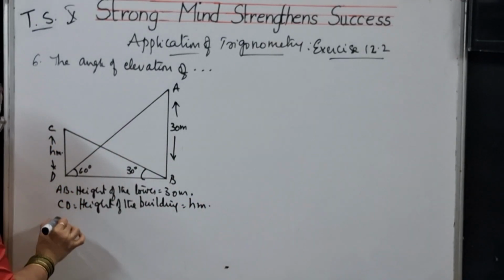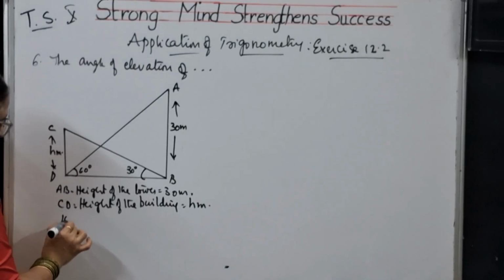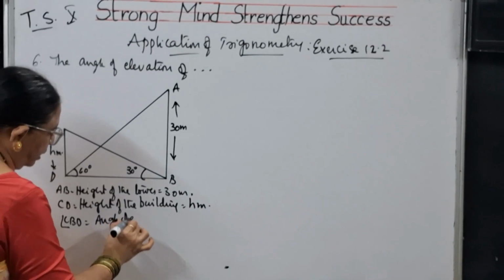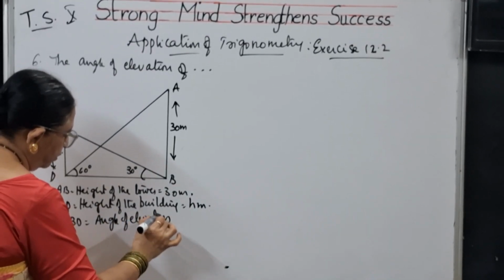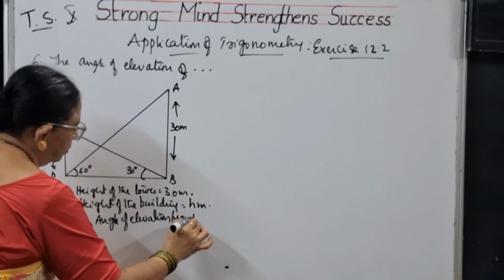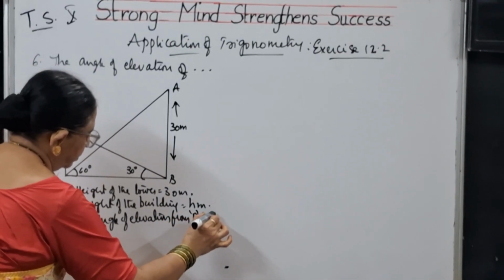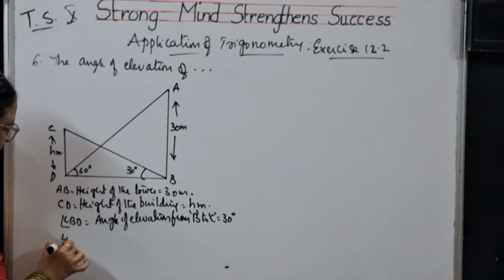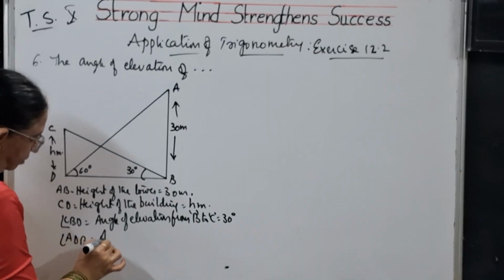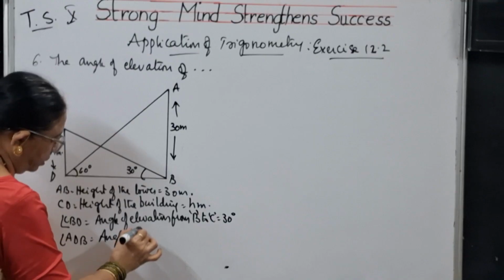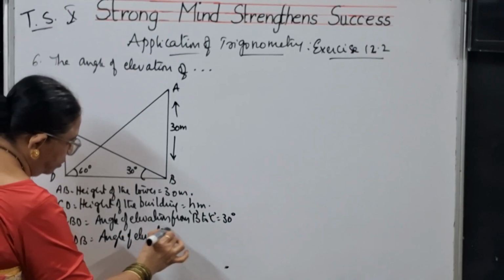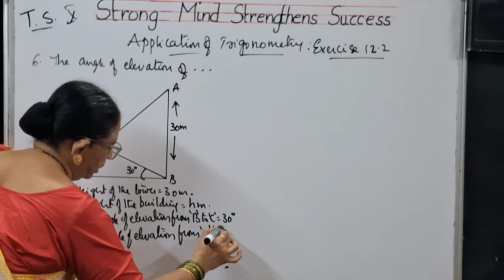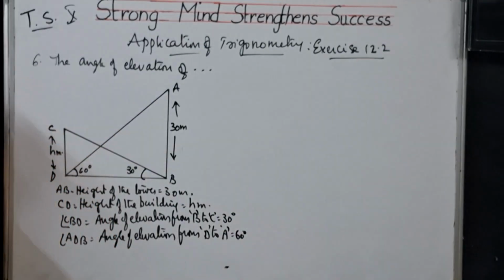We don't know. Now, angle CBD, angle of elevation from B to C, is equal to 30 degrees, and angle ADB, angle of elevation from D to A, is equal to 60 degrees.